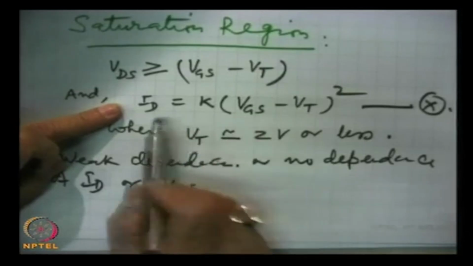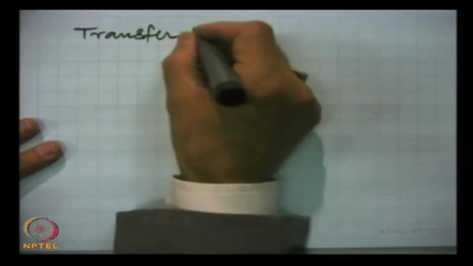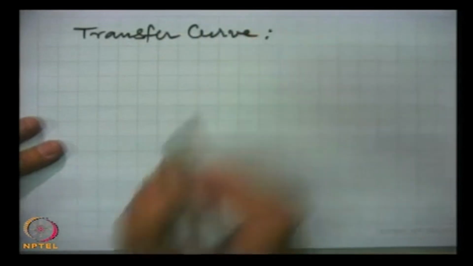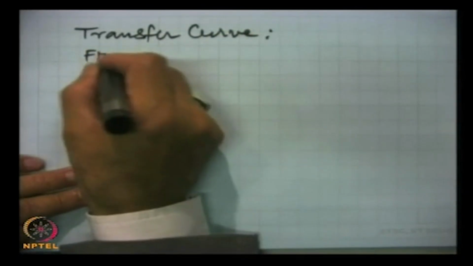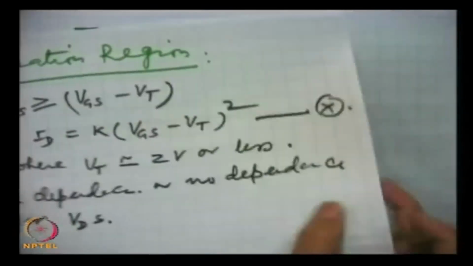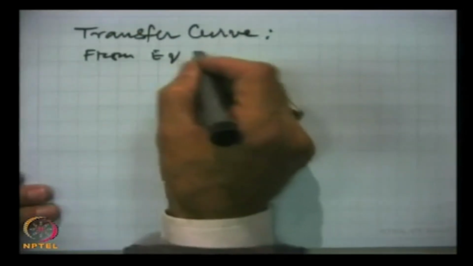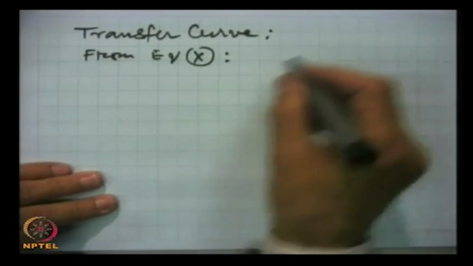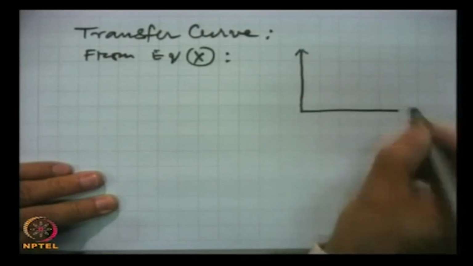So from here we can get the transfer curve, and from this equation, as we have said, we can plot it, and this is this.